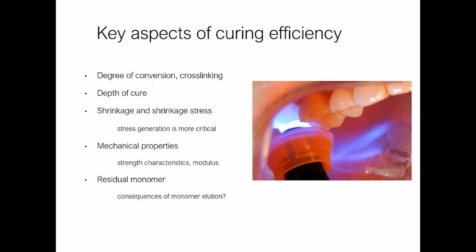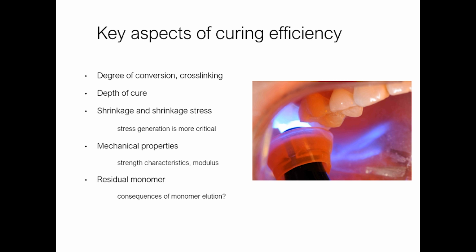Of course, material properties and the composition of these materials are very important for their success, but equally as important is consideration of curing the material, so polymerisation of the monomers, and how effective that process is, because this stage will significantly influence the properties of the set material.